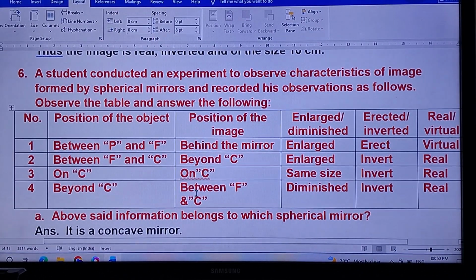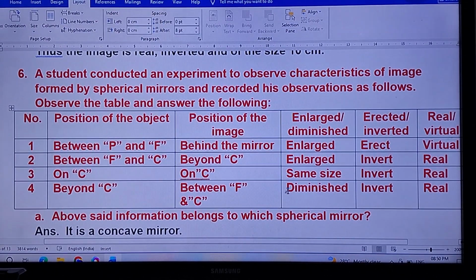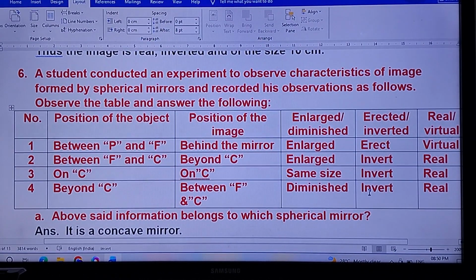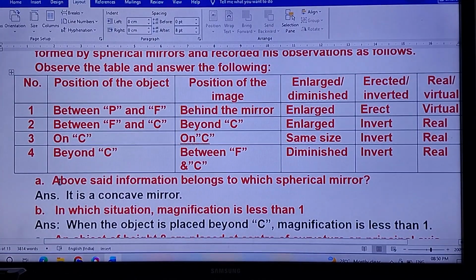Beyond C, when the object is placed, the image is between F and C. It is a diminished image, inverted and real. These are the observations he has made.